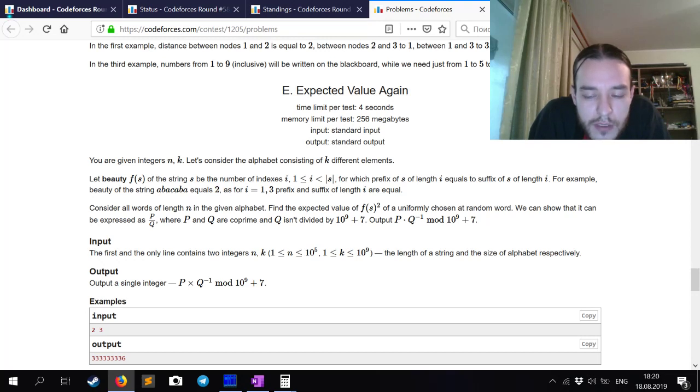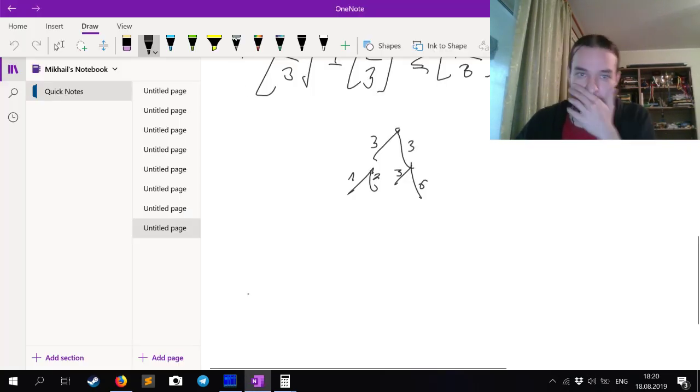So the number of these matching strings, right? Oh, yes, sort of different prefix functions. All right. So the expectation of stuff, right? The expectation of the square of this.